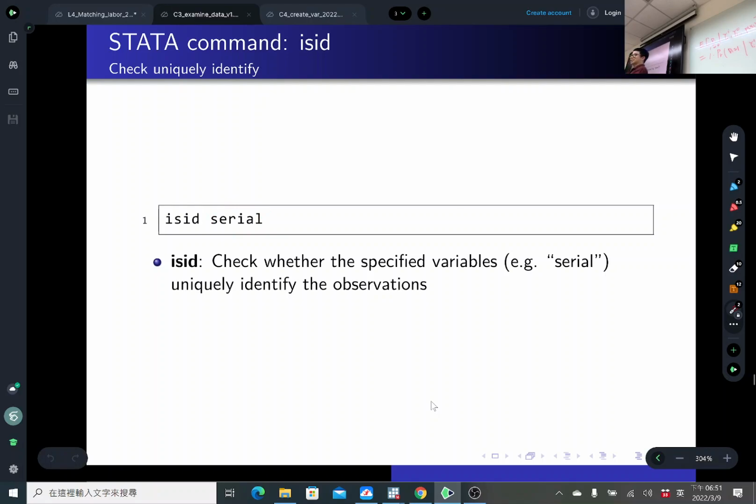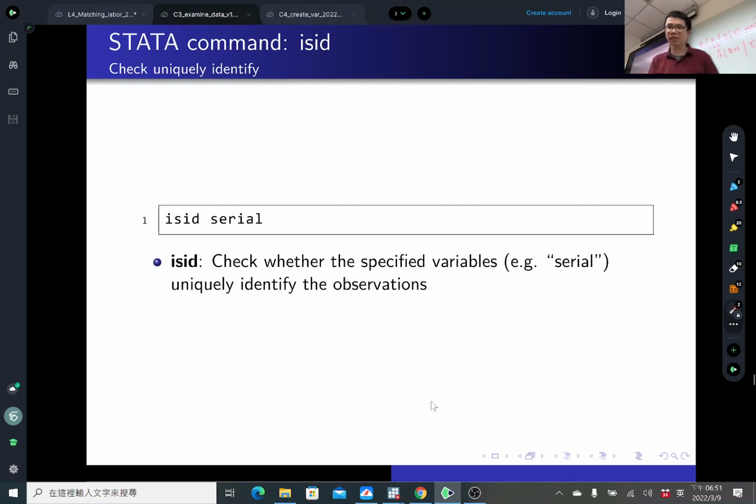But our data set is individual level data. So maybe one household might have 3 individuals. These 3 individuals will have the same serial number. So basically in our data set, serial number, this variable cannot uniquely identify one observation, because our data set is individual level, not household level.